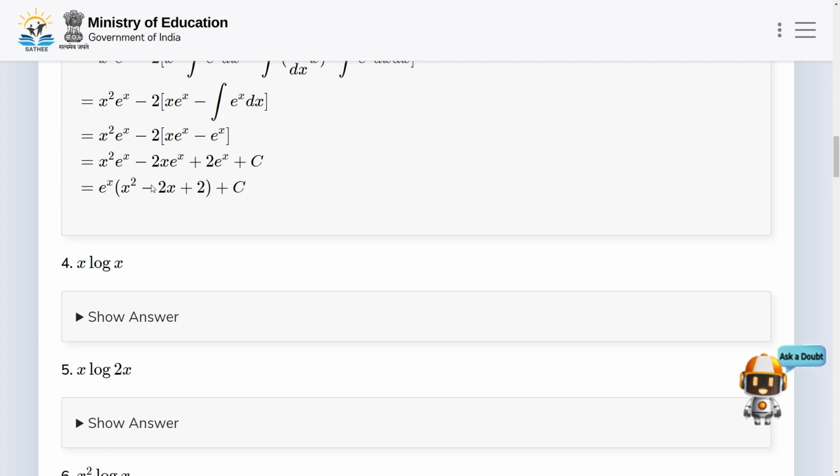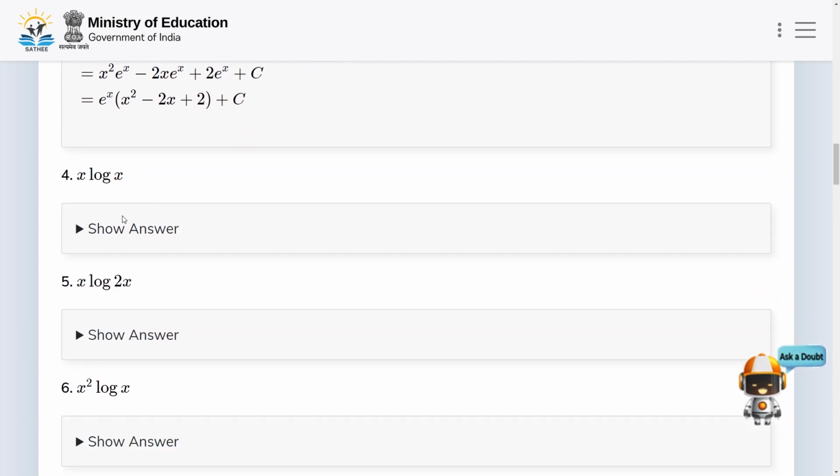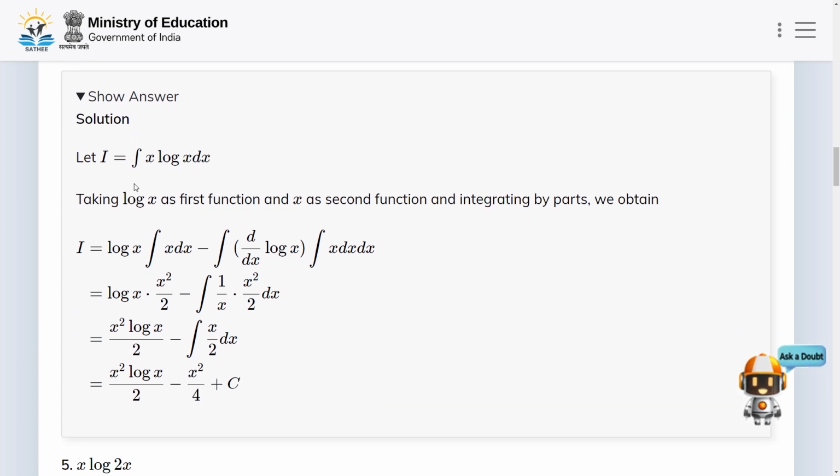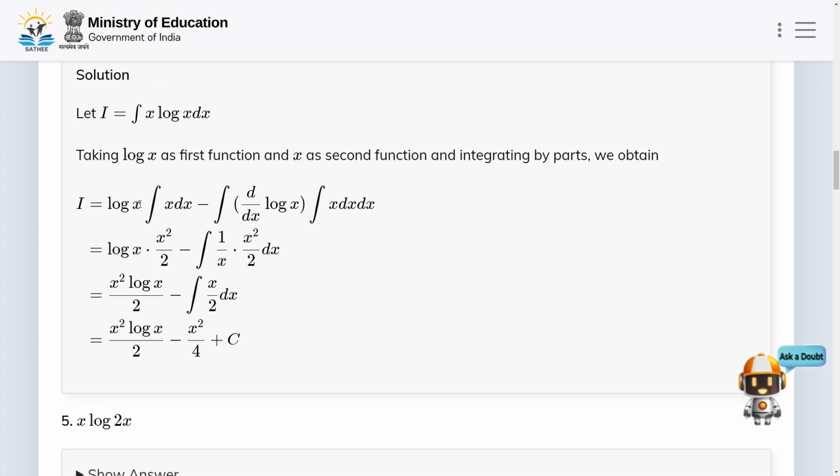Okay, simple. Now the fourth problem, the integration of x log x. Take log x as your first function and x as your second function. So log x times the integration of the second function, minus the integration of the derivative of the first times the integration of the second. This means log x times x square by 2 minus 1 by x multiplied with x square by 2.